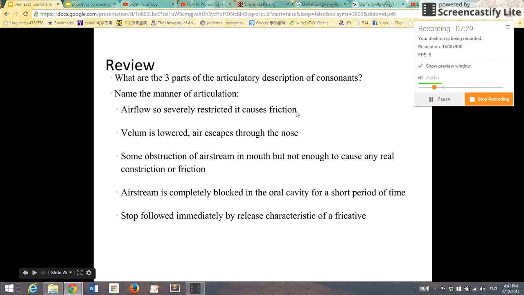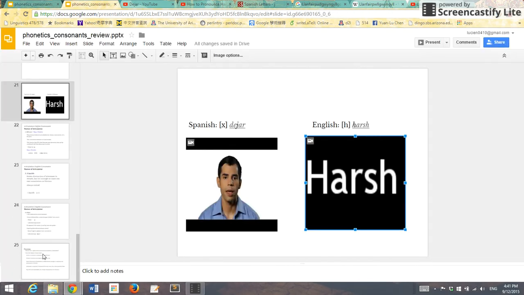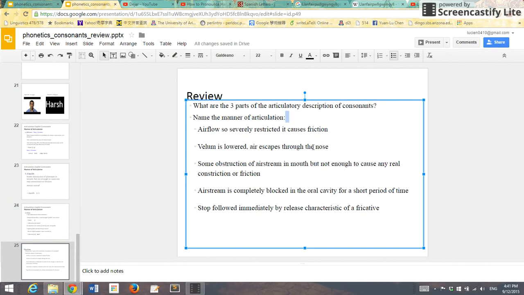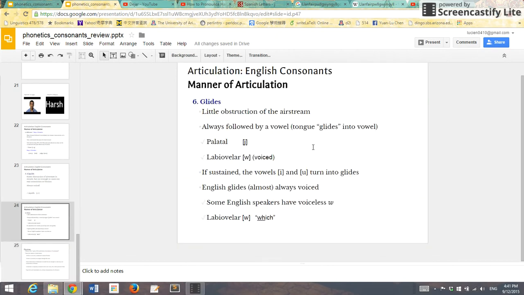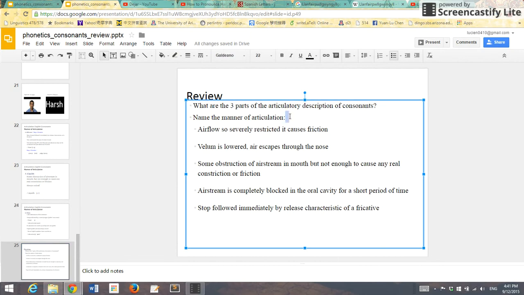So you should be able to answer these questions. So the first question is, what are the three parts of the articulatory description of consonants?